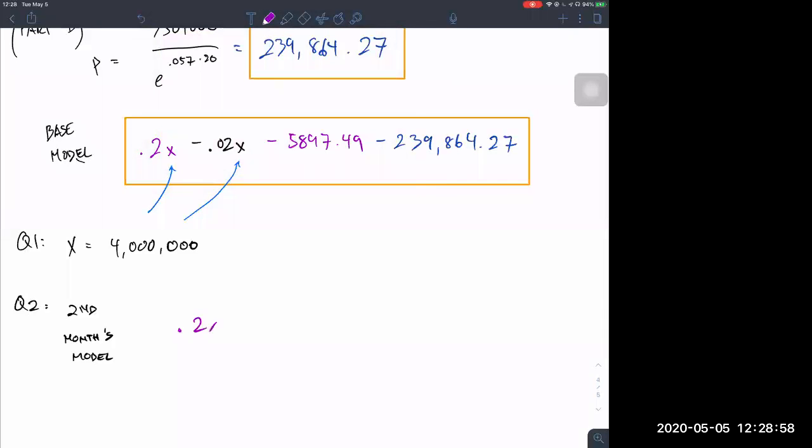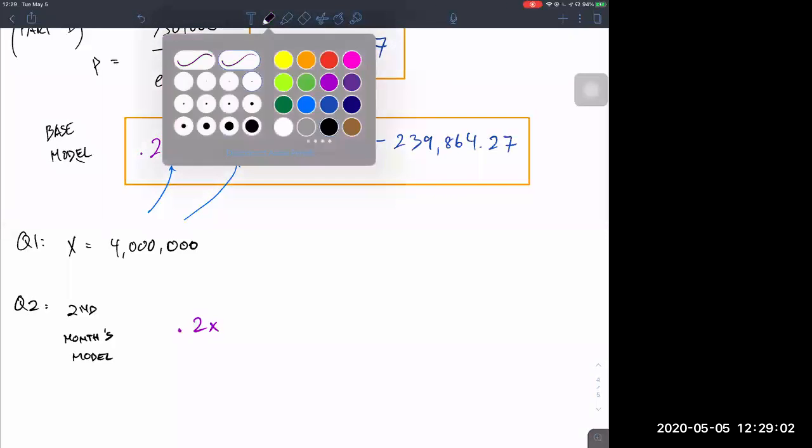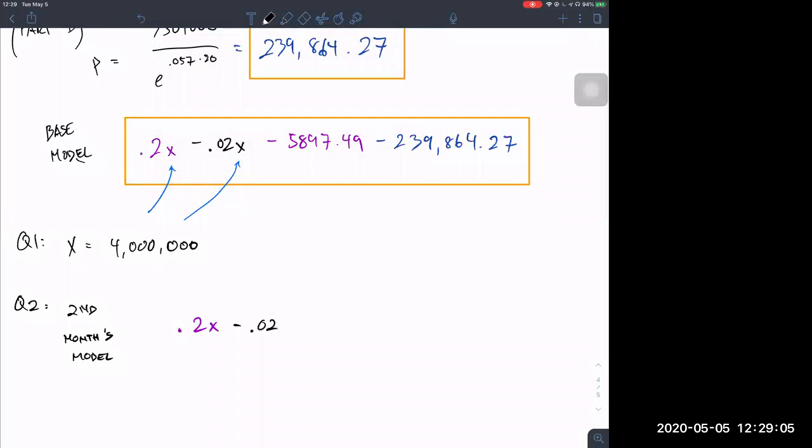So the short answer is that in your second month's model, you have the things that make you money, as well as the same things that cost you money. And you have this monthly recurring payment to make savings. And then you don't need the negative 239,000, and so on and so forth, because it's a one-time payment.